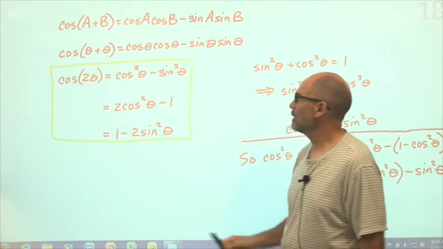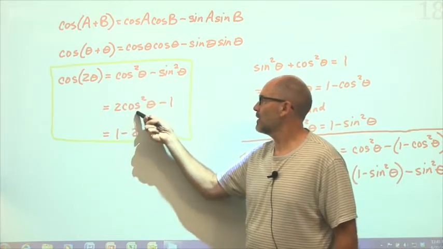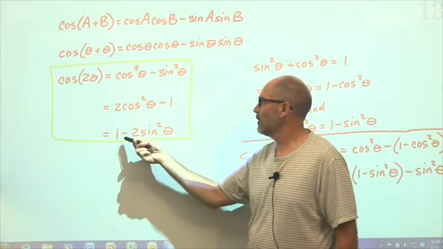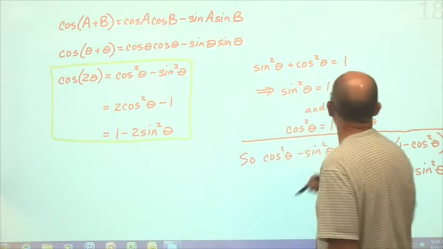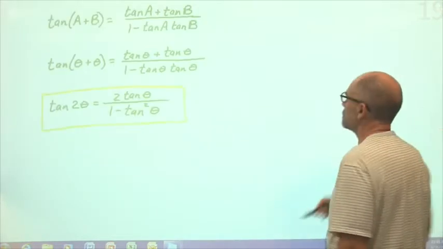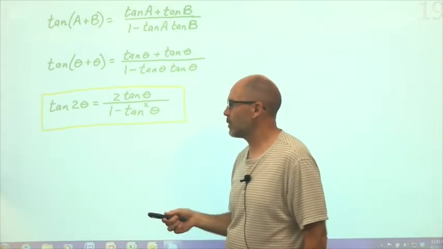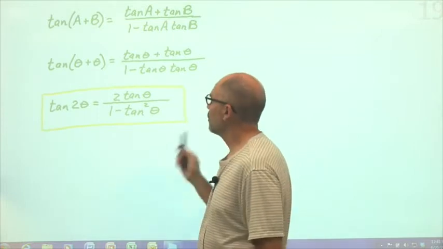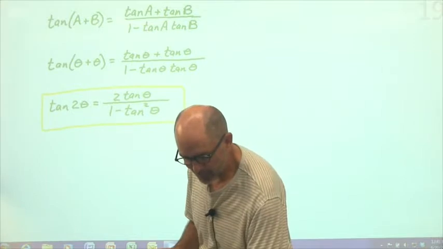Now the way I look at this is cosine is the home team, so the cosine is positive, and here the sine is negative. And then the third one, we've got 2 tangent over 1 minus tangent squared. So I'd say it would be a really good idea to memorize these identities.